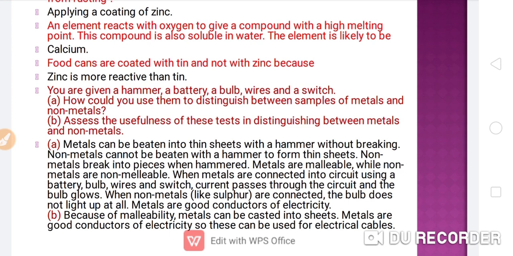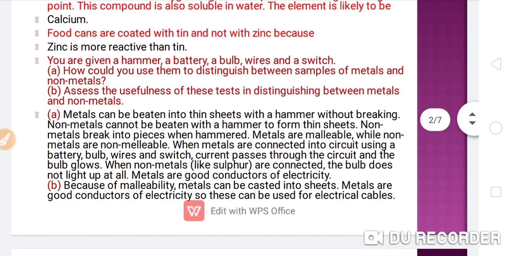So the answer is, metals can be beaten into thin sheets with a hammer without breaking. Non-metals cannot be beaten into sheets. Non-metals break into pieces when hammered. Metals are malleable while non-metals are non-malleable.